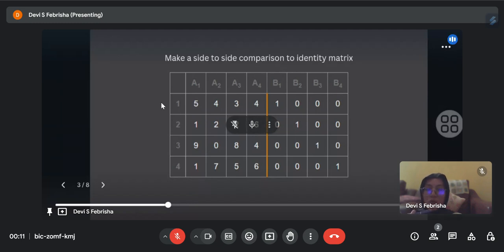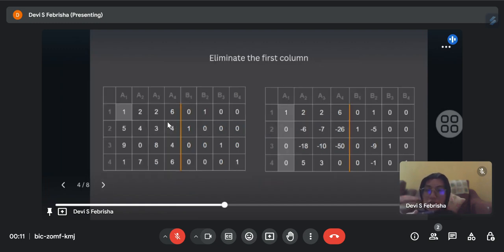So after swapping, we have 1 in here, row 1 turns into row 2, and this is the result of the swapping. This turned into 1 2 2 6, and this is 5 4 3 4. It also changes in here, not only the matrix A but also the matrix B.